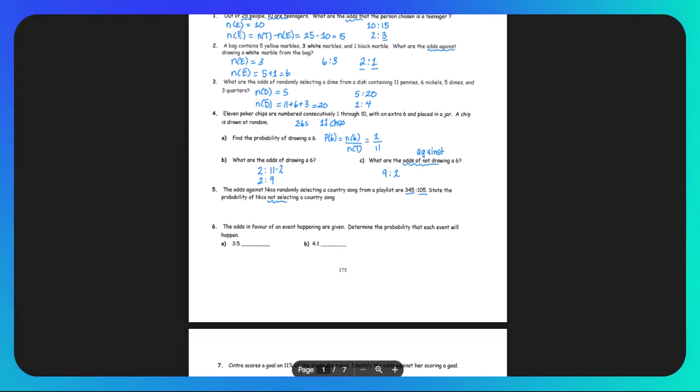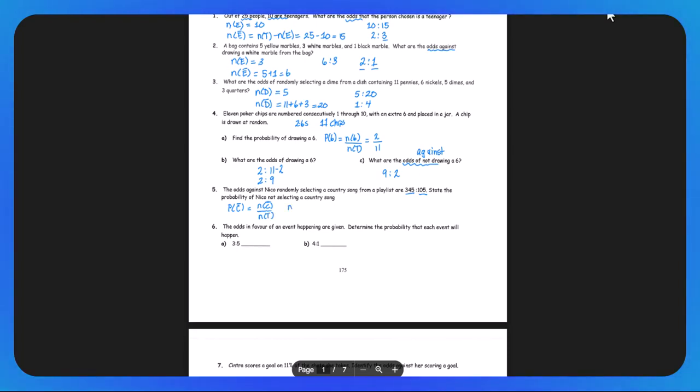Well, first of all, we need to know the probability of, let's say, not country, which equals the number of not country over the total number of songs.